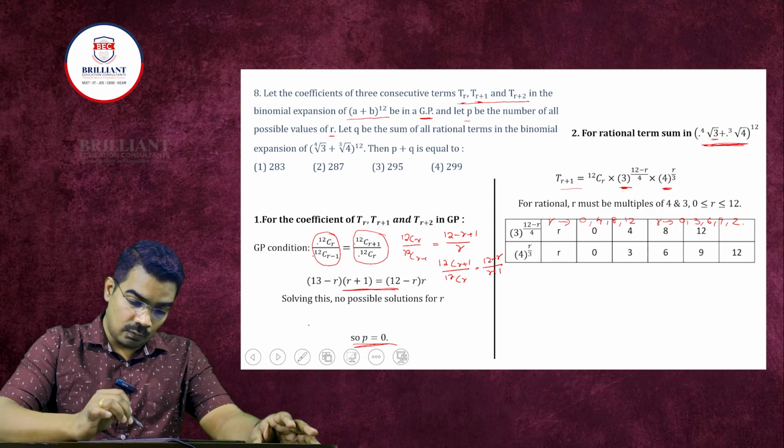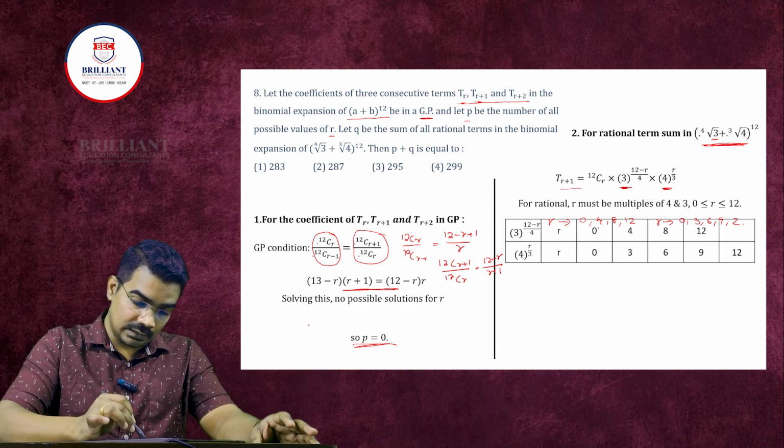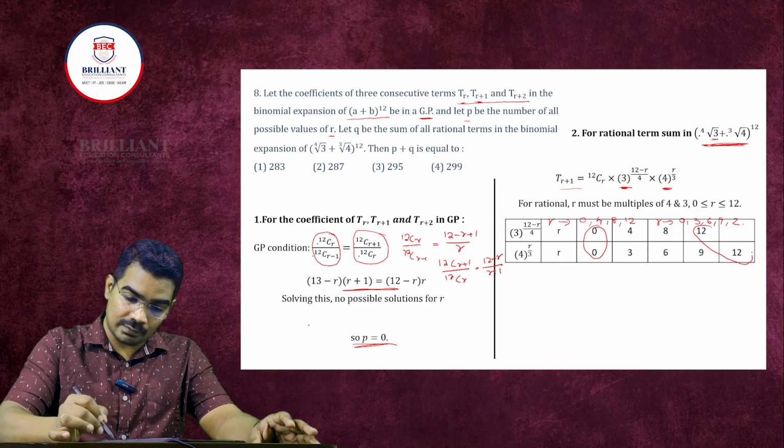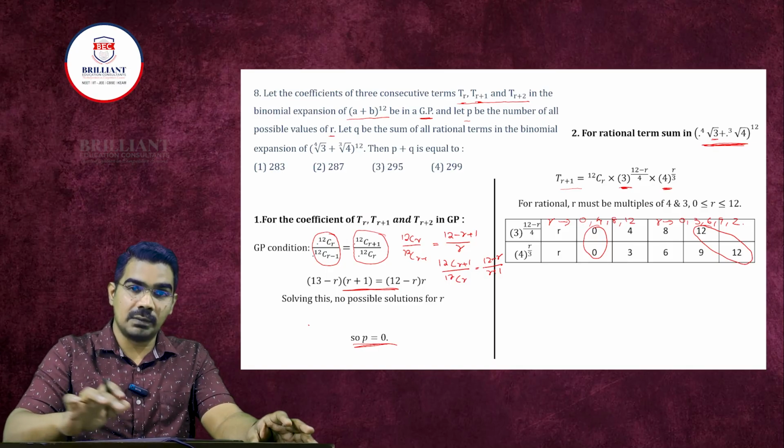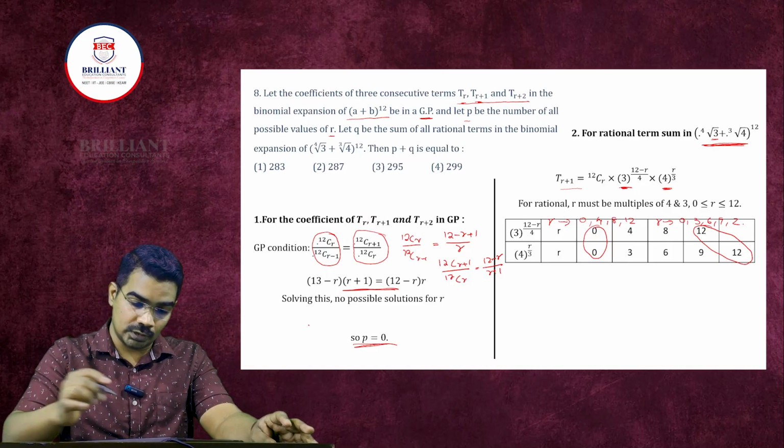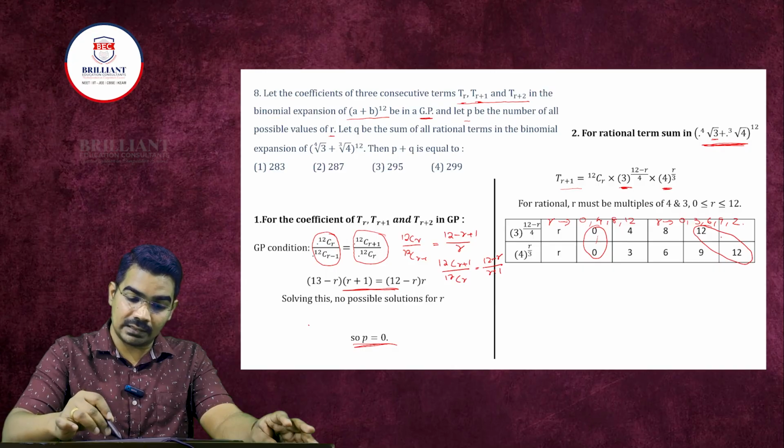Yes. So what are the common values here when we check? 0 and 12. So these are the common values. Only for 2 terms this will have rational values. So that is for the first term and for the 13th term.